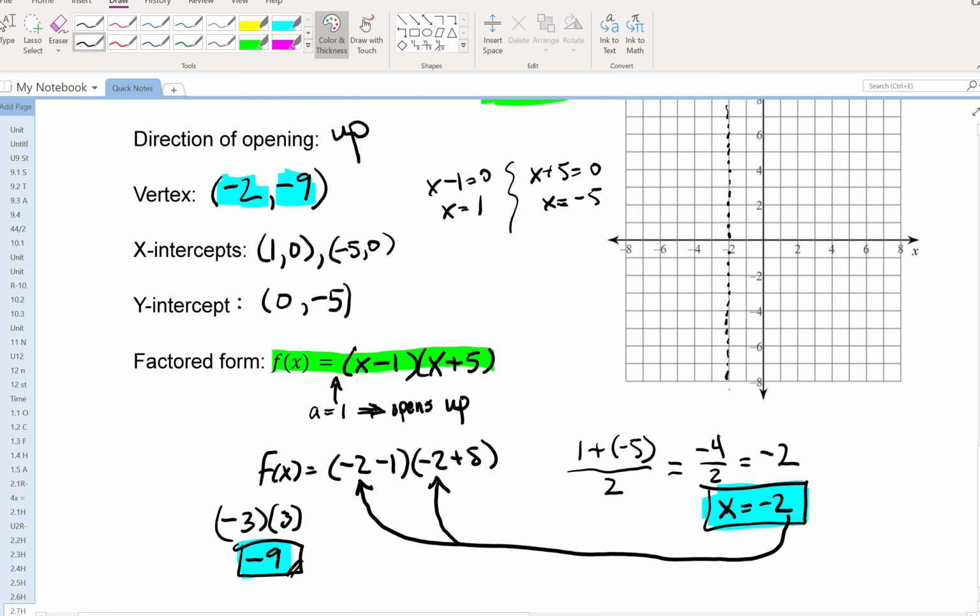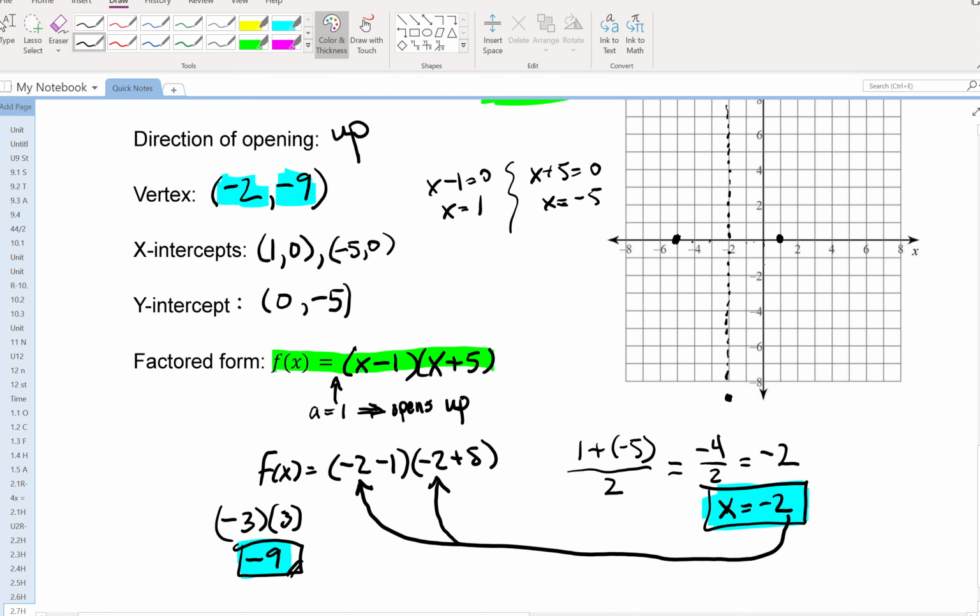So my vertex, slightly off this graph, would be right down here. My x-intercepts are at 1, 0. So there's 1, 0, and then -5. So here's -1, -2, -3, -4, -5, 0. My y-intercept is at 0, -5.